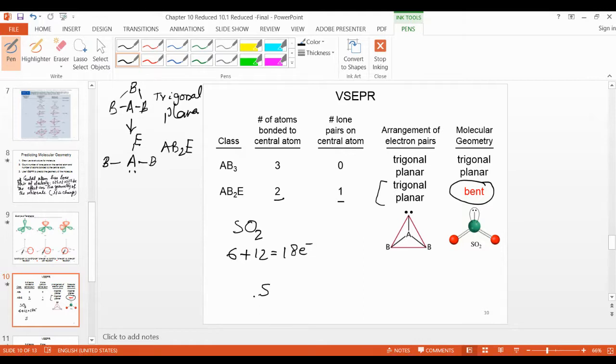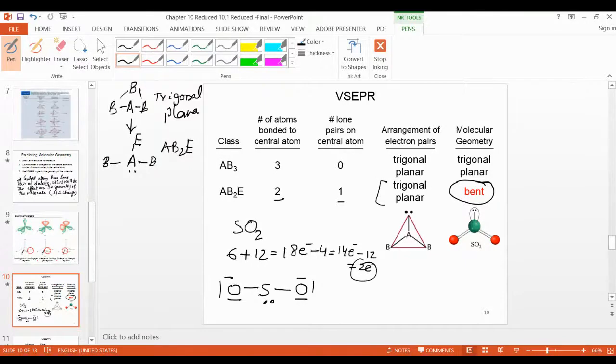Then you write sulfur in the center and the 2 oxygens on the sides. Then make bonds, 2 and 2, 4, and 18 minus 4 is equal to 14 electrons. After that 6, 6 you put on the oxygens, 12, so 14 minus 12 equal to 2 electrons, and these 2 electrons you can put on the central atom.